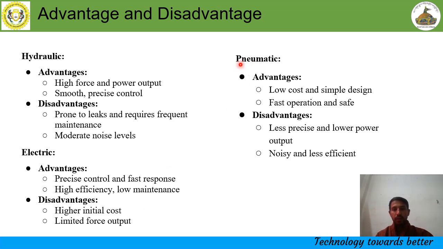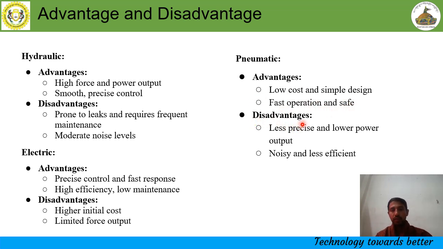And let us discuss the pneumatic actuators. Advantages: low cost and simple design. It has a simple design, it is low cost, and it has fast operation and is safe. It does not have many risks, so it is fast and operationally safe.